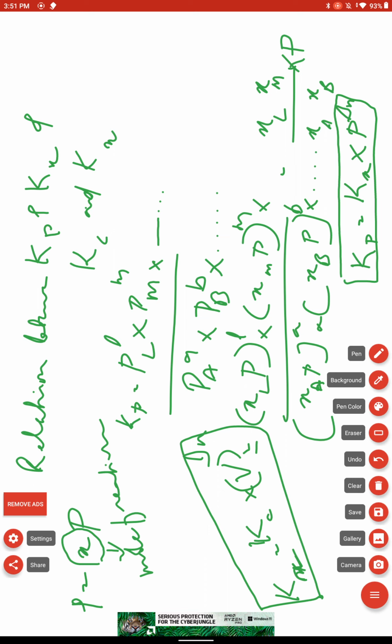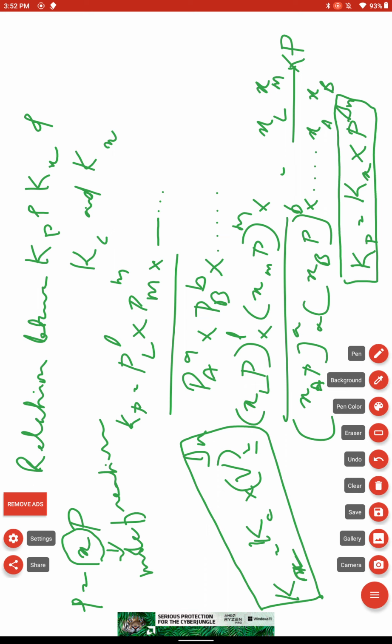So the chemical potential, or we can call it Gibbs energy or partial molar free energy, the term mu, of a component in a mixture is the contribution per mole of that particular component to the total Gibbs energy. So chemical potential is the partial molar free energy.